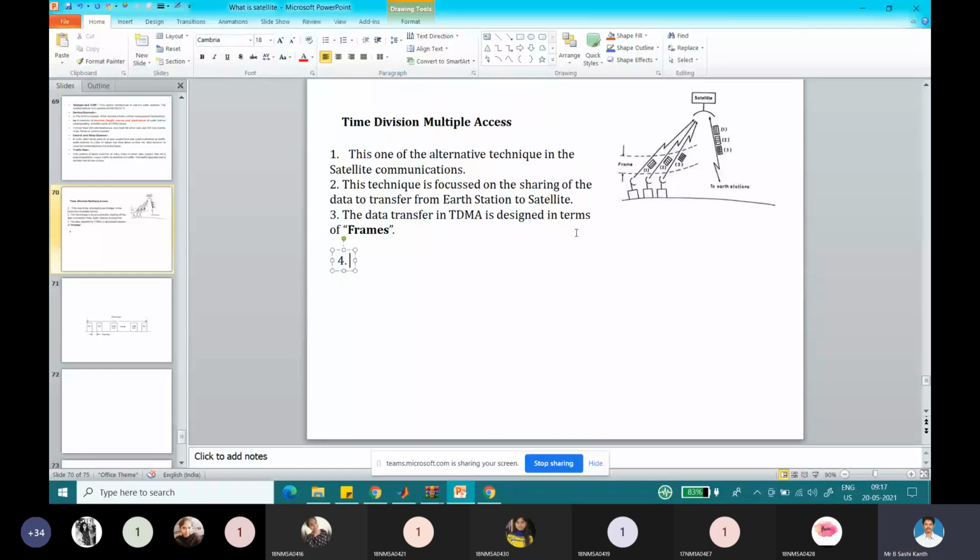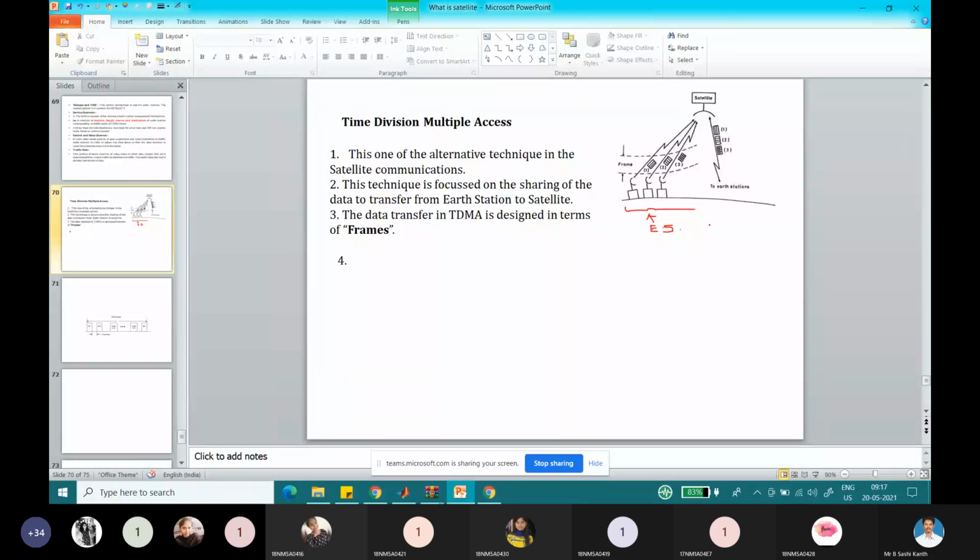You can see in the figure that these are all acting as your Earth stations.